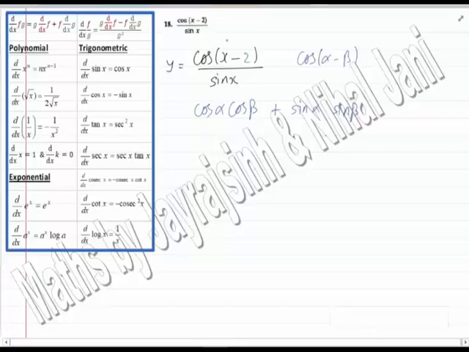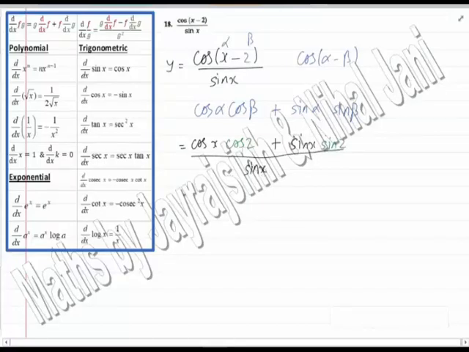Okay, so let's use alpha as x and beta as 2, so our numerator becomes cos x cos 2 plus sin x sin 2, and we already have sin x in the denominator, right?